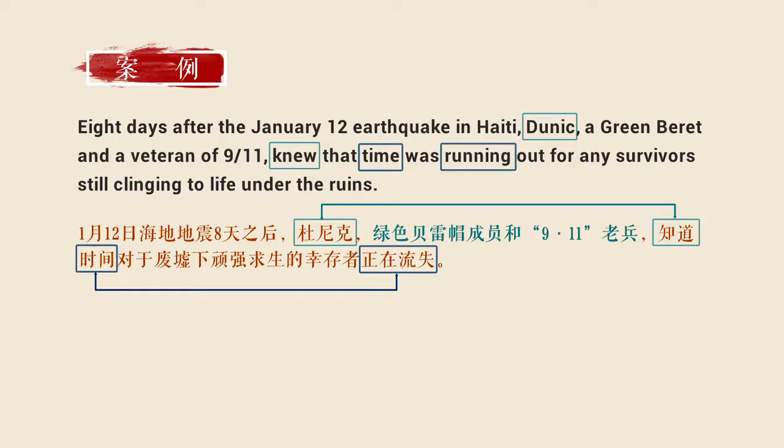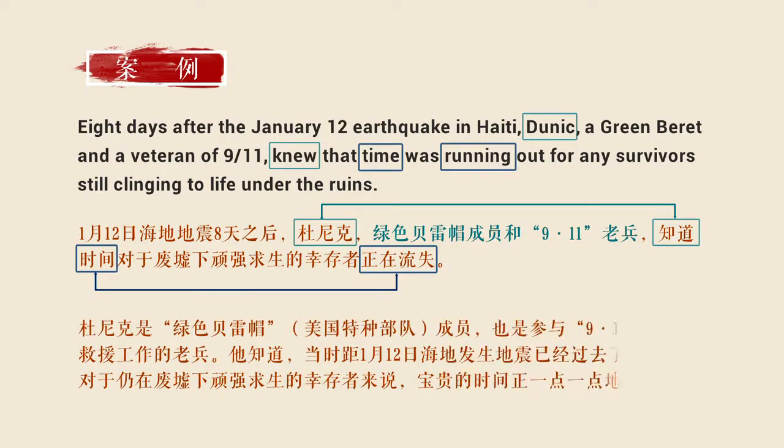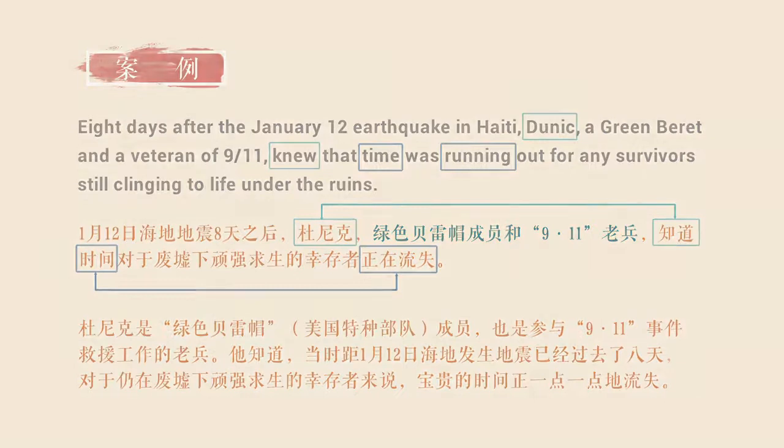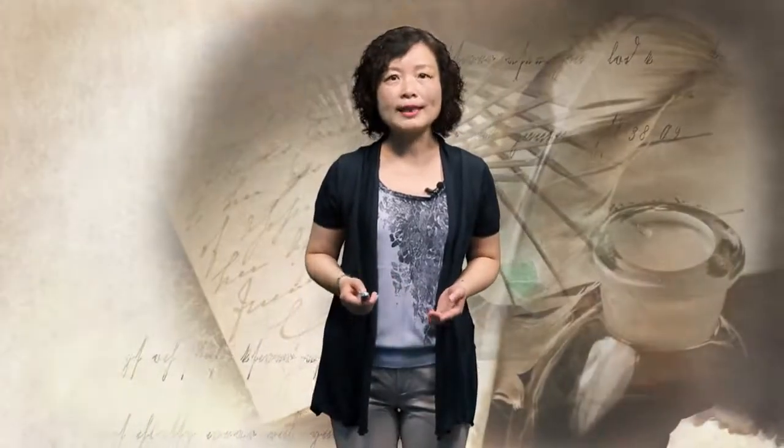Let's try this. 杜尼克是绿色贝雷帽美国特种部队成员，也是参加911事件救援工作的老兵。他知道，当时距1月12日海地发生地震已经过去了8天，对于仍在废墟下顽强求生的幸存者来说，宝贵的时间正一点一点地流失。In this translation, we tell who Dunic, the rescuer, is, and then tell how he assesses the situation according to his experience. All relevant information is put together. The meaning is very clear.